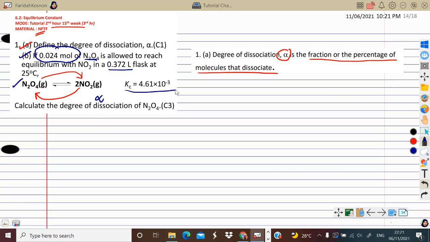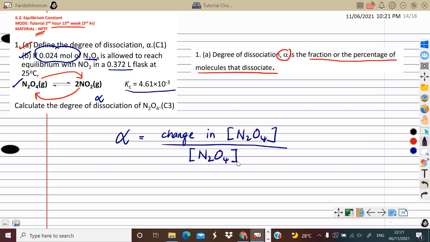Okay, jadi basically kalau kita nak kira degree of dissociation, kita kena refer kepada bahagian change. Sebab formula adalah alpha which is equals to the change in concentration of N2O4, divide by the initial concentration of N2O4.